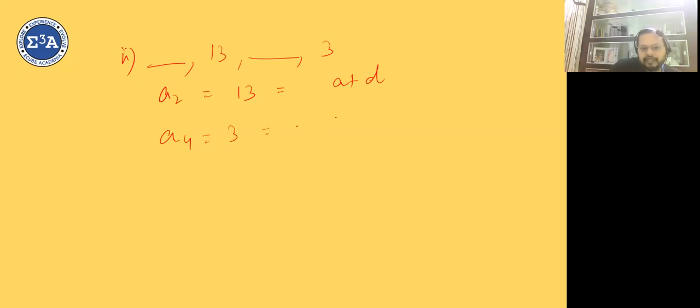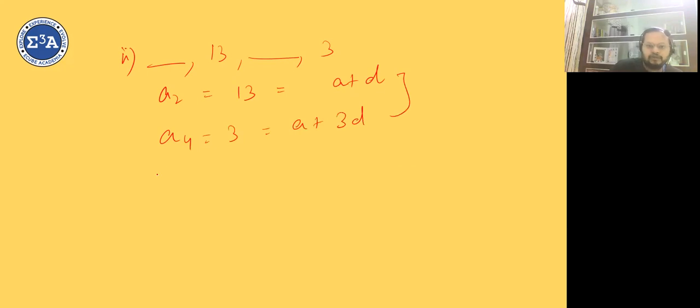Similarly, I think you can do the next parts. The second one: a2 is given 13, and we know a2 is a plus d. a4 is given 3, a plus 3d. These two things are given.